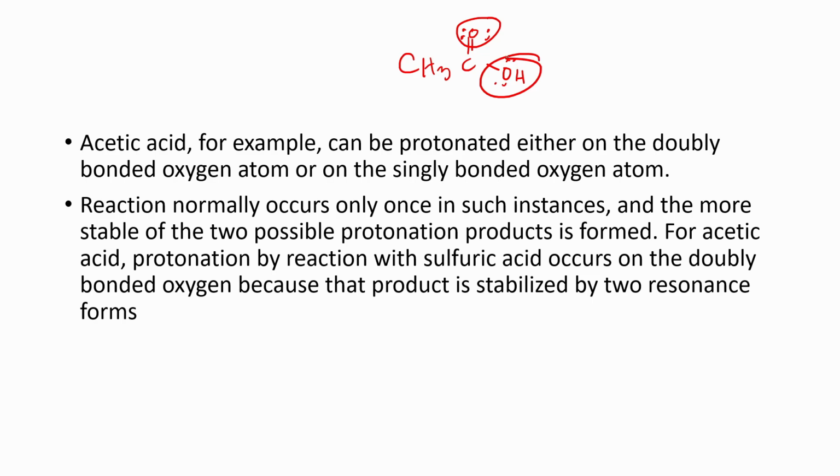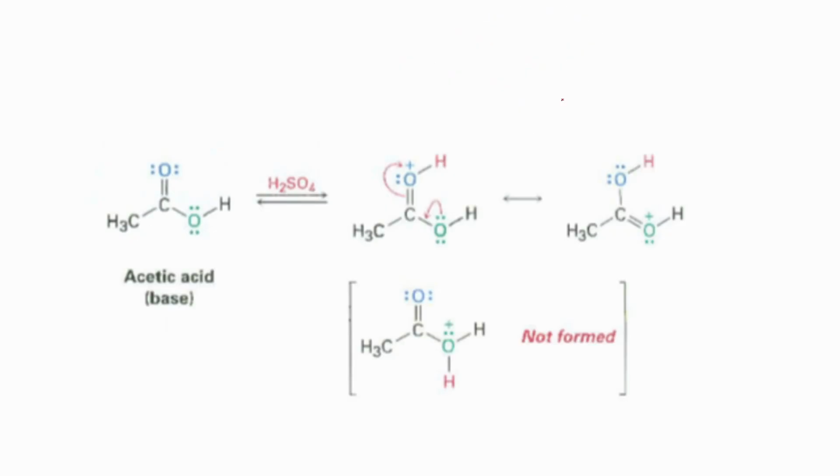If it reacts with sulfuric acid, it only acts on the doubly bonded oxygen because the product is stabilized by two resonance forms. So it will act on this oxygen here, not here. Let's see the structures. This is acetic acid, and I just redrew it with sulfuric acid.